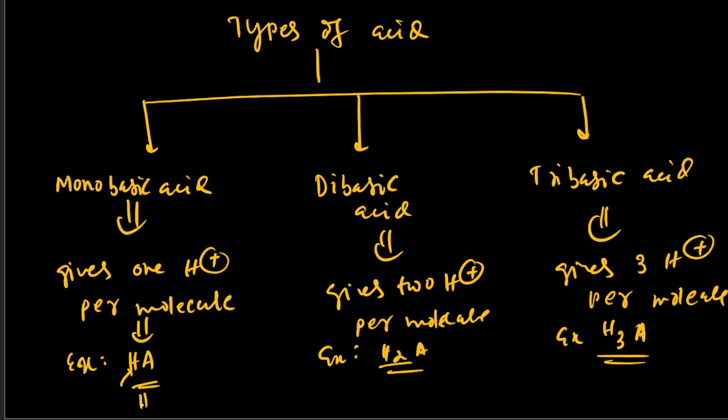Here examples you can say HCl, CH3COOH, these all give 1 H, and for this class, H2SO4, and for this class we can get H3PO3.